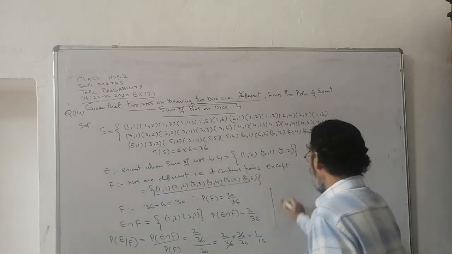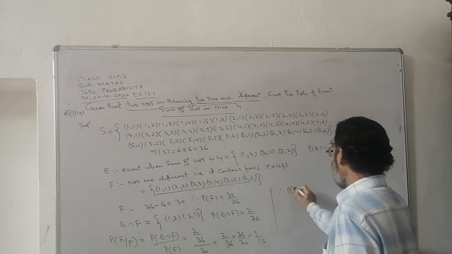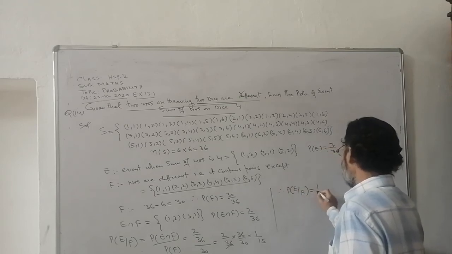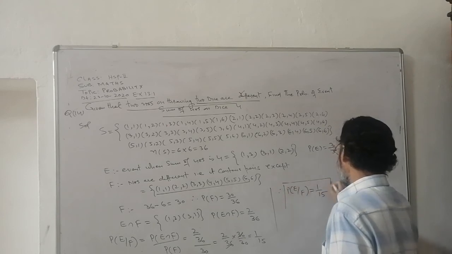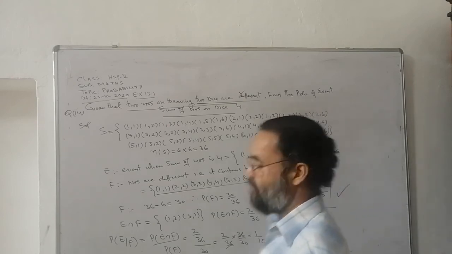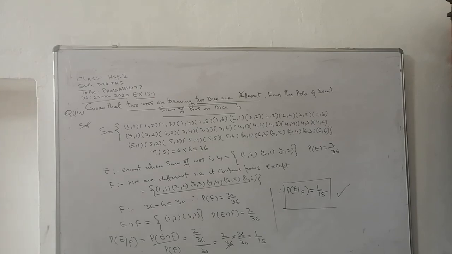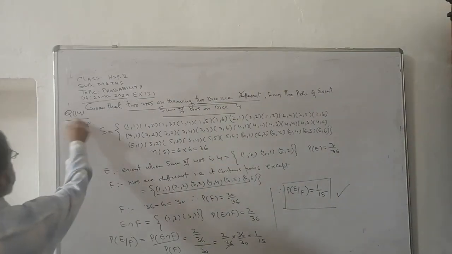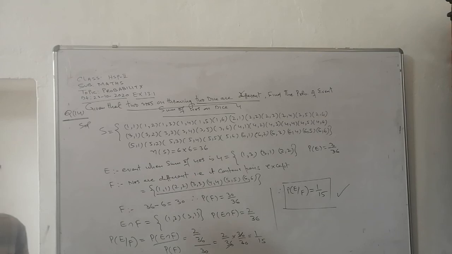Therefore the conditional probability of E given F is 1 upon 15. In this way, question number 14 is to be solved. So you revise these questions. The next questions of this exercise I will take tomorrow.